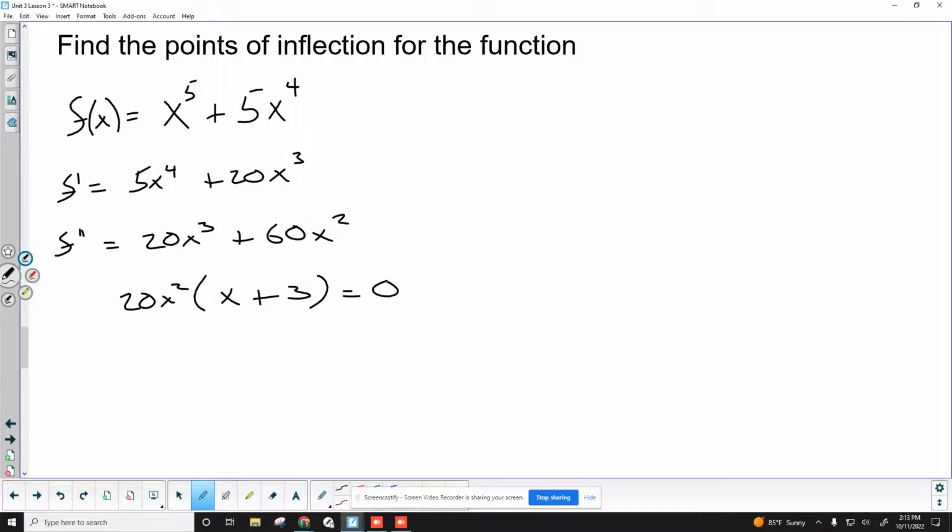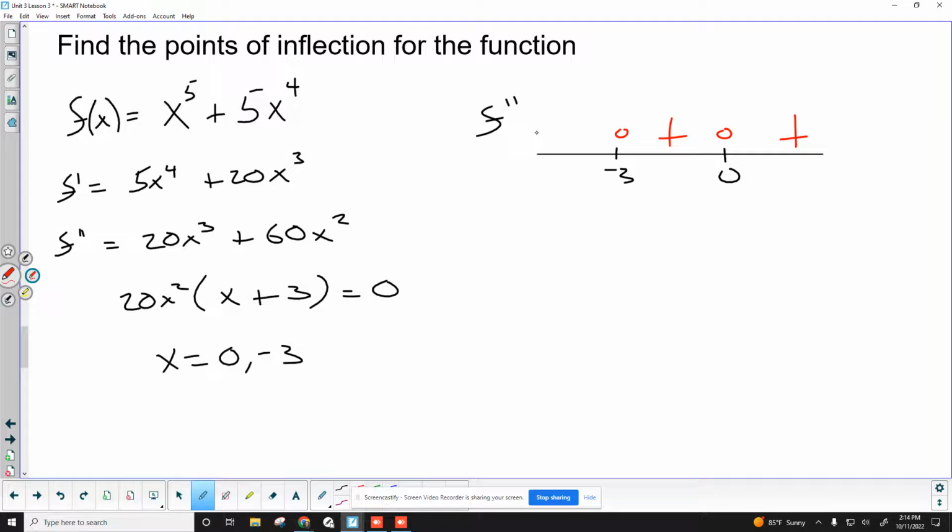So I kind of want you guys to have a little bit of uncertainty with this example. I want you to be a little bit like, well, what the heck does that mean? If we do a correct sign analysis of our second derivative, we realize that we only change signs at -3.